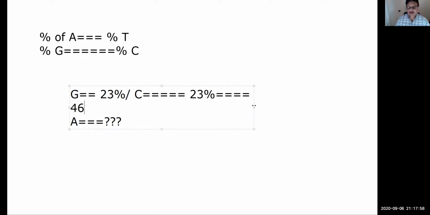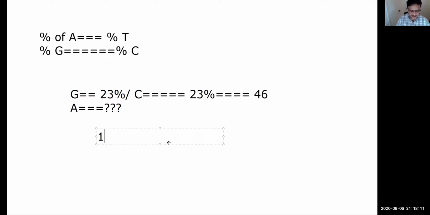So 46 percent in the DNA of the species is C plus G. Let's say out of 100%, 46% is G plus C. So what's remaining? The remaining is 54.